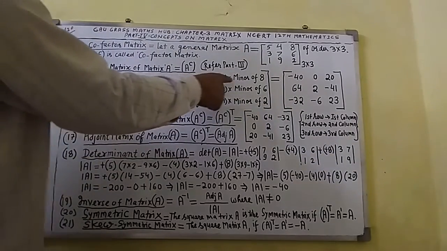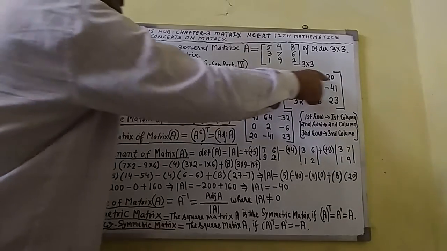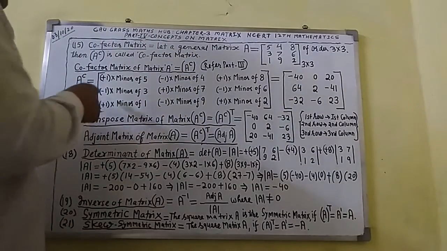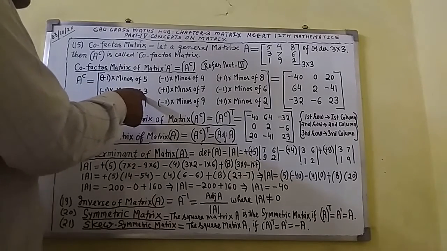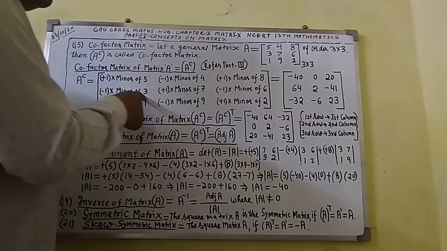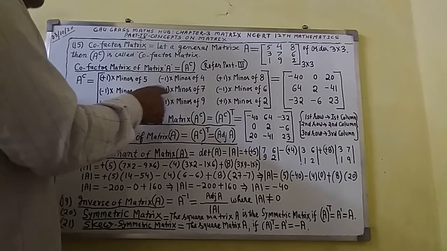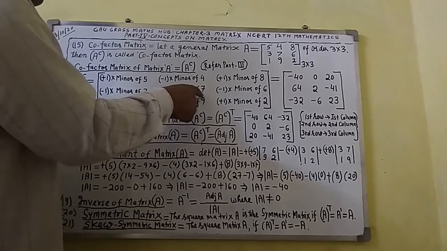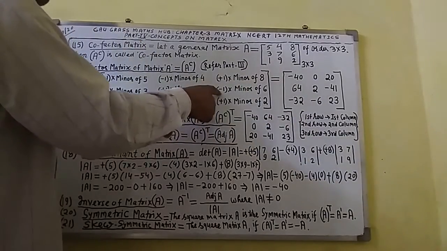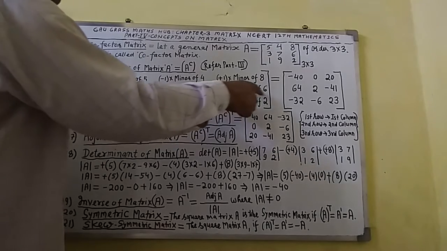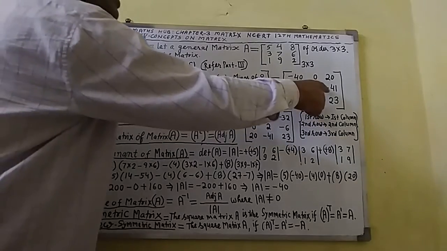Plus 1 will multiply to minor of 8. We will get the result 20. Minus 1 will multiply to minor of 3. We will get the outcome 64. Plus 1 will multiply to minor of 7. We will get the outcome 2. Minus 1 will multiply to minor of 6. We shall get the outcome minus 41.